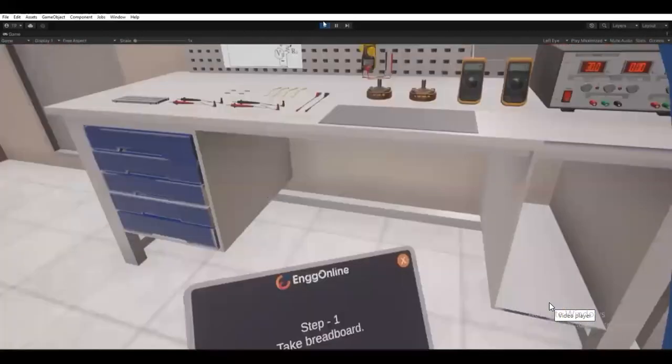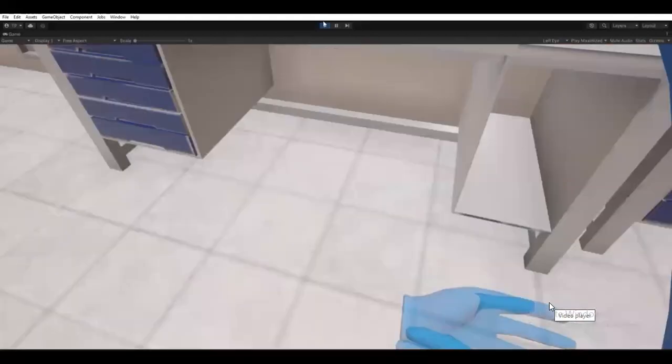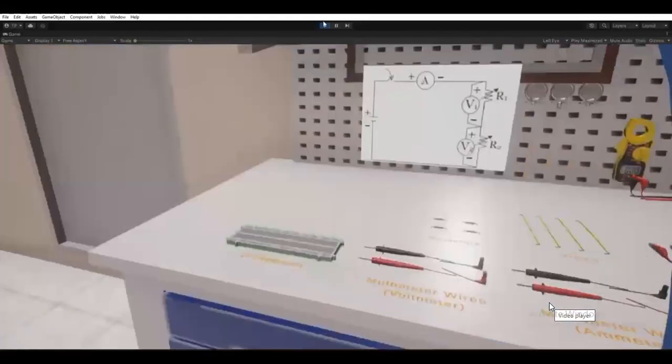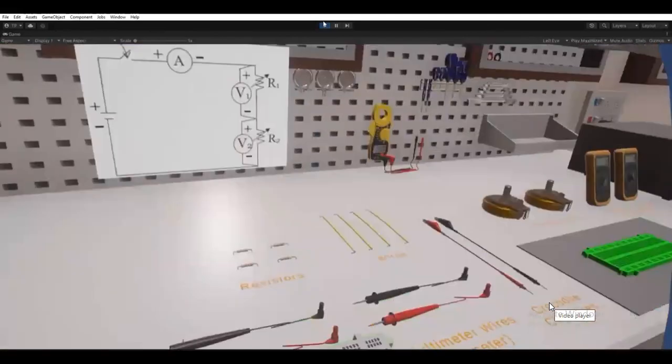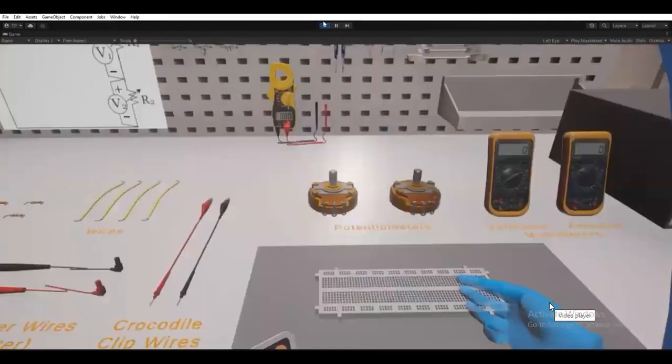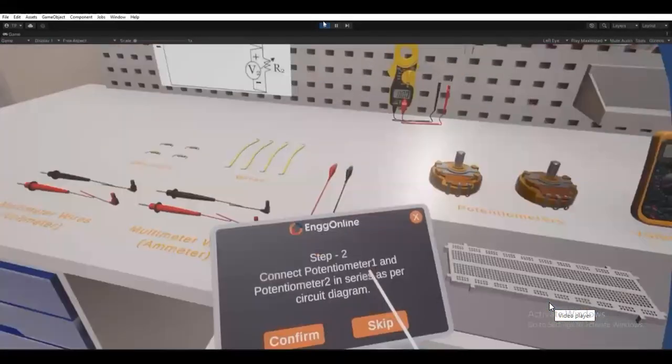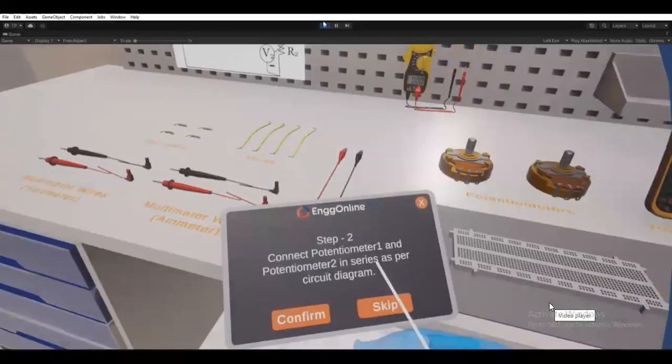Step 1. Take breadboard. Step 2. Connect potentiometer 1 and potentiometer 2 in series as per circuit diagram.